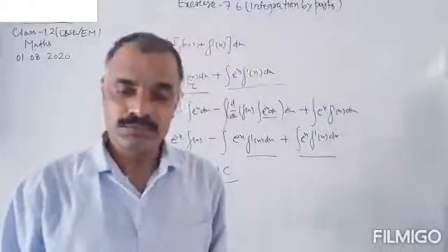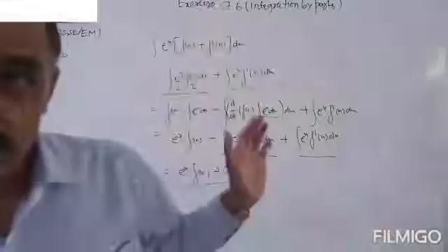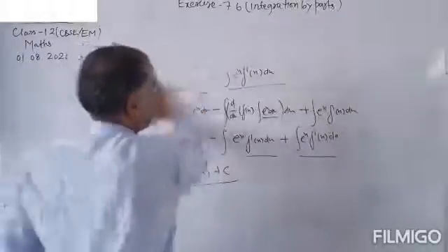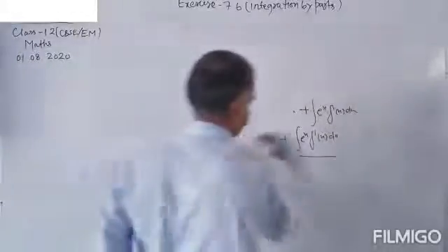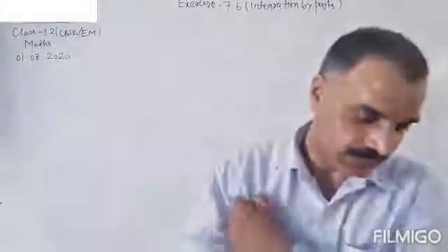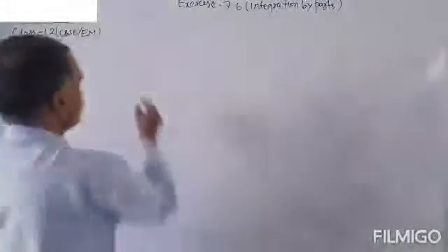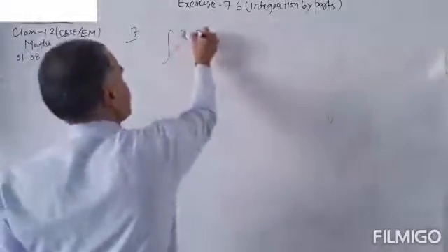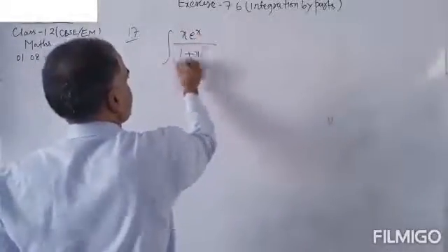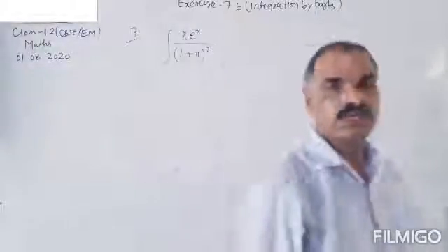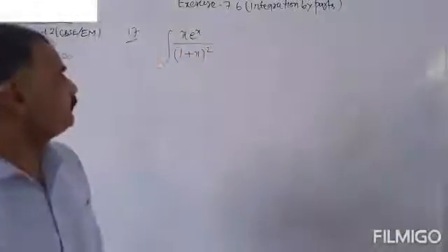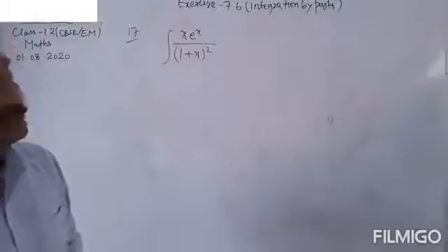Now we will solve some questions on the basis of such type of integration. Let us take the question related to this method. Question number 17. Integration of x e to the power x upon 1 plus x whole square. We have to integrate this function, x e to the power x times 1 upon 1 plus x whole square.